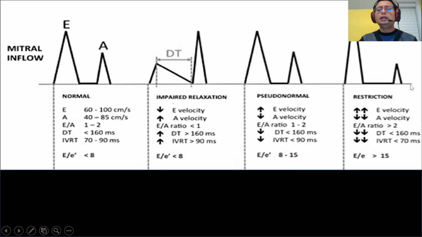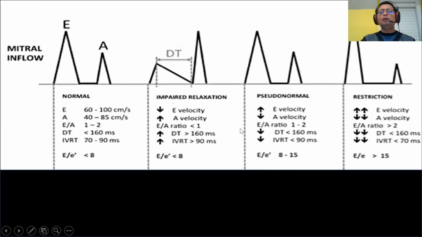Now we know that a patient with an E over A that is normal can still have abnormal diastology. For example, in an elderly patient, this pattern can still have an increase in LA pressure, for example when E over A is less than 0.8 but E is more than 50 centimeters per second.